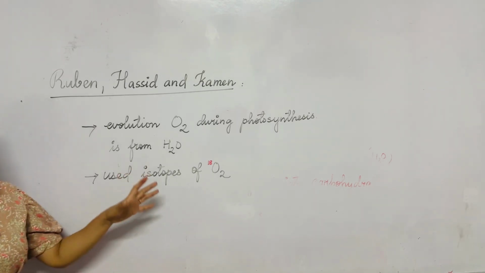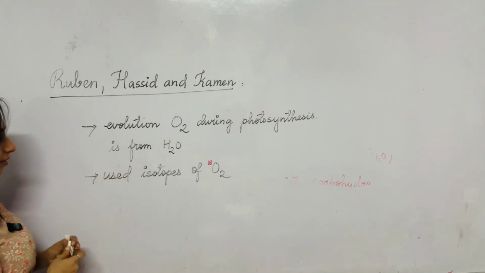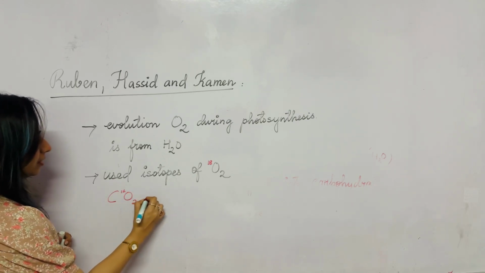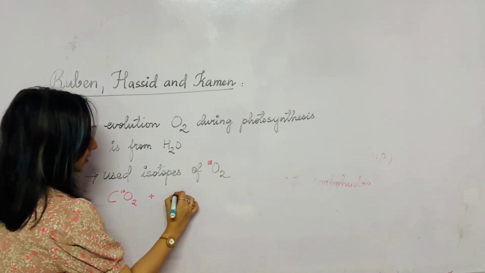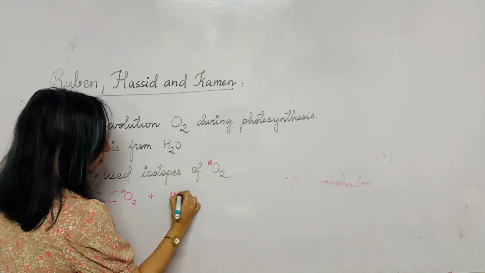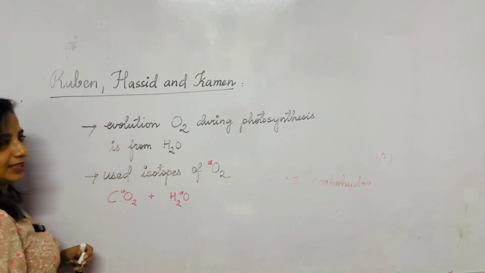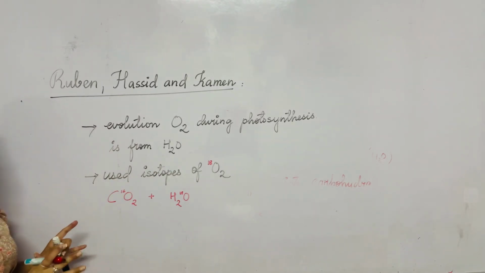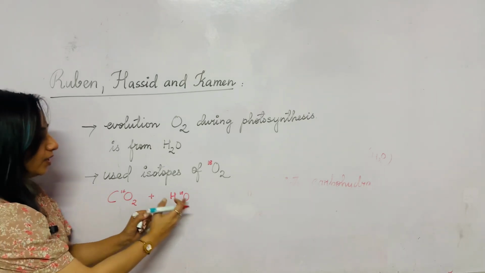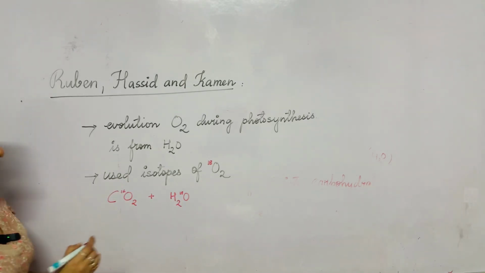Now what did they do? In carbon dioxide, they kept the normal oxygen, that is O16, and in water they used the heavy isotope, that is O18. Clear? This is how they experimented. In carbon dioxide, the normal one, and in water the heavier isotope of oxygen.